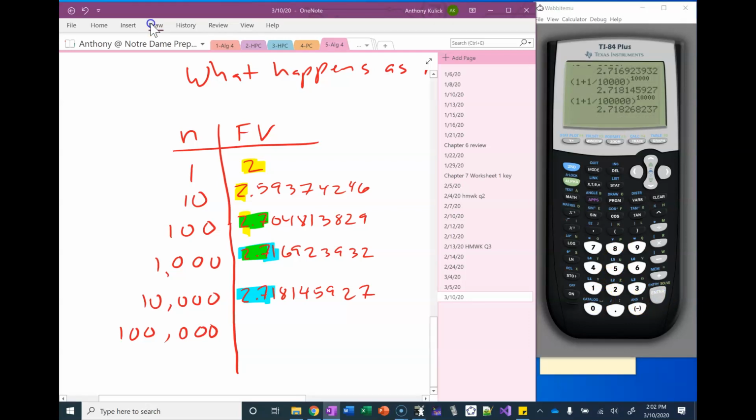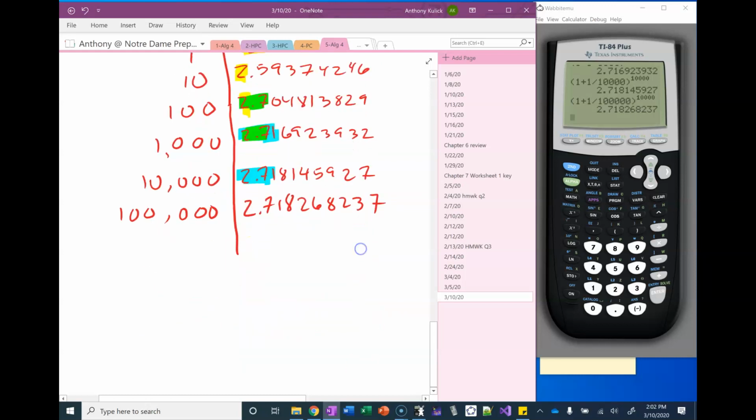All right. The last number there for our table is this. So what we're going to say is that as n approaches infinity, (1 plus 1 over n) to the n is equal to e. So the symbol that we're going to give to this number that we've been chasing is going to be the letter e.